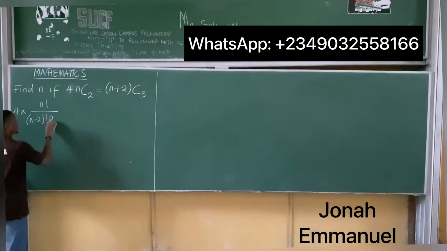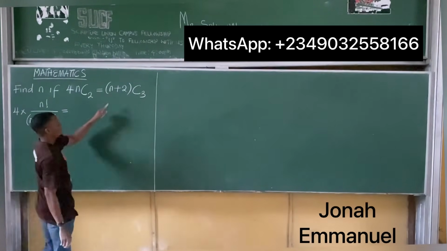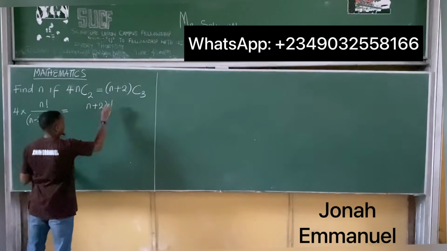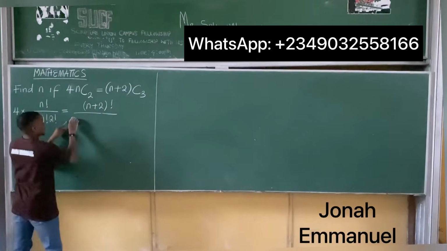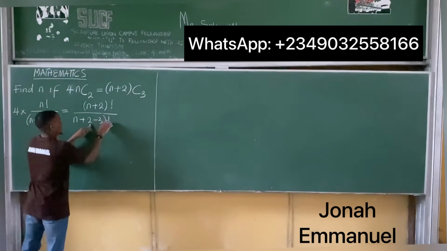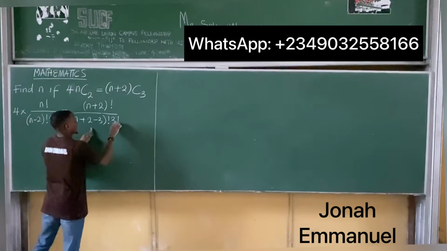Then this one here, 2 factorial is equal to, evaluate this, it becomes n plus 2 factorial all over n plus 2 minus 3 factorial, then 3 factorial.